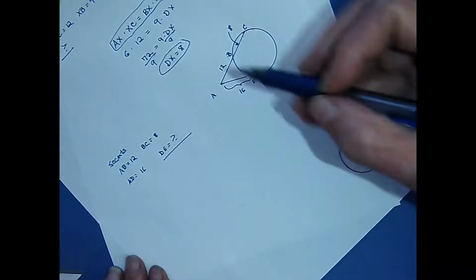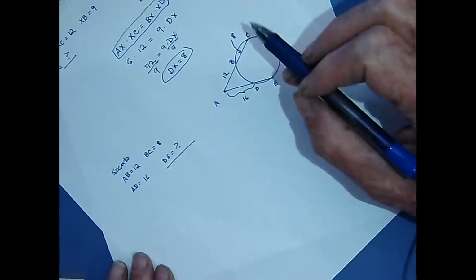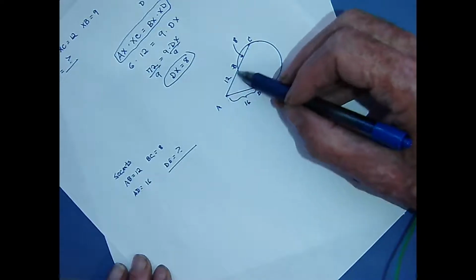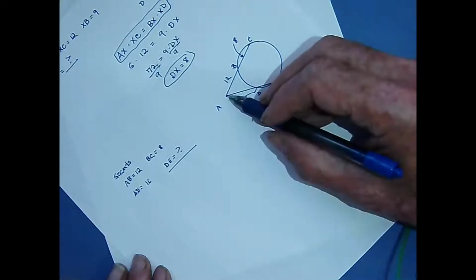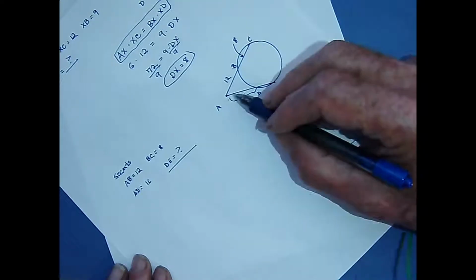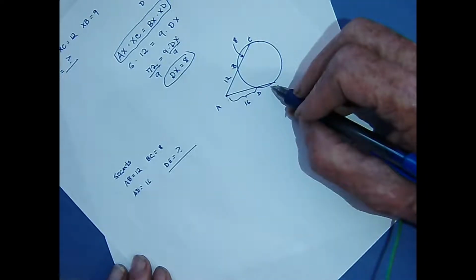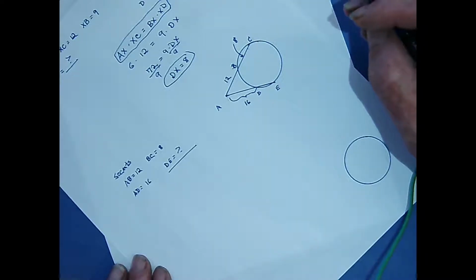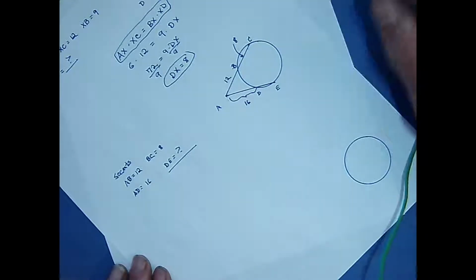Let me set one up for you. Take a look at this sketch with a couple of secants. I'll tell you ahead of time that AC and AE are secants of this circle. AB is 12, and BC is 8. AD is 16. Find the length of DE. I know there are similar triangles here, but that's not what I want to deal with right now.